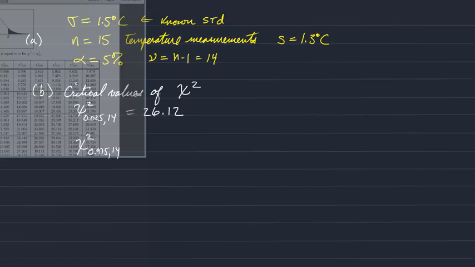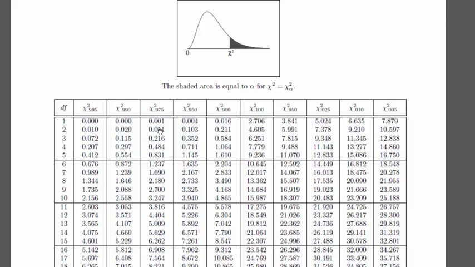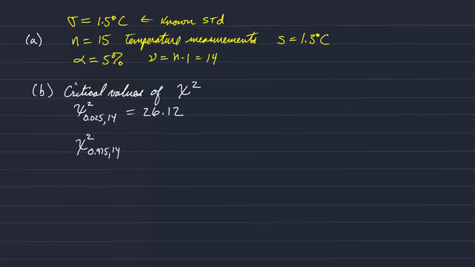For our second value, chi-squared 0.975 for 14 degrees of freedom, that's 5.629 or 5.63. So 97.5% of all possible values of chi-squared lie to the right of 5.63, and only 2.5% of all possible values of chi-squared lie to the right of 26.12. Those are our critical values.